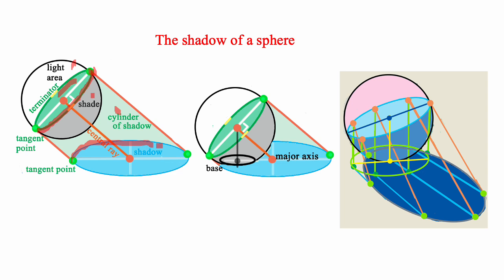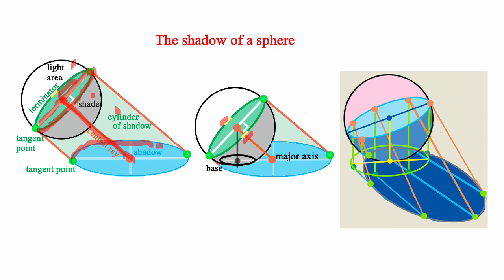The central light ray goes through the center of the terminator and the center of the shadow, and it is perpendicular to the major axis of the terminator. It's also perpendicular to these 2 sides of the terminator.